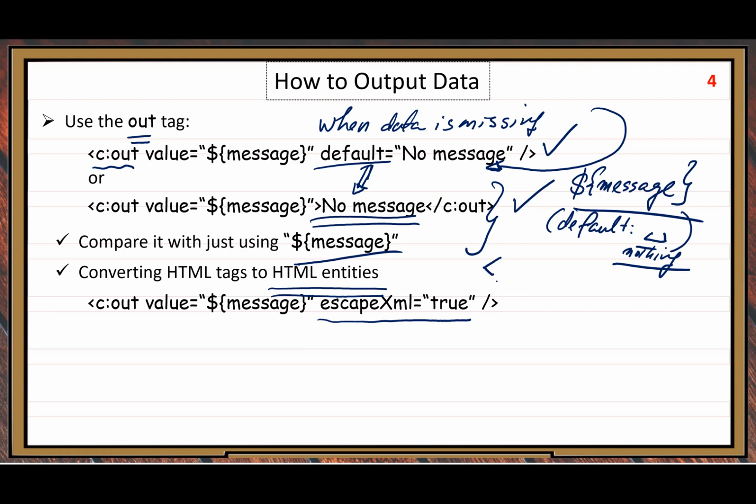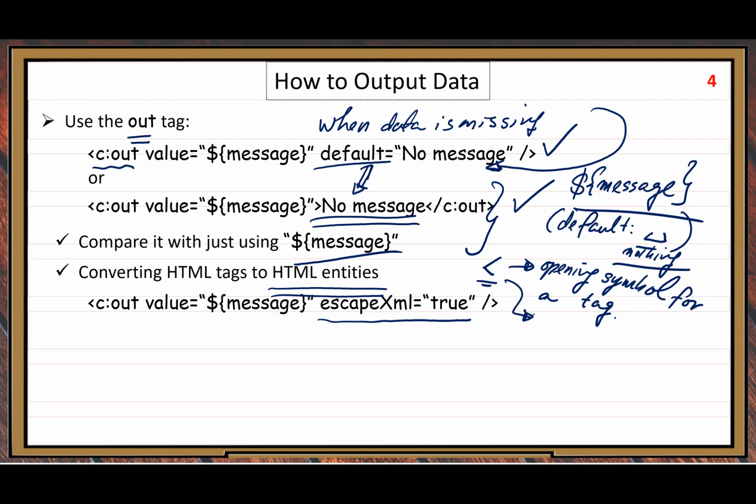In HTML, it represents the opening symbol for a tag, and then you put your tag name. So it's a special symbol. But with escapeXml, you do not use its special meaning. Escape it. That means display this symbol literally.